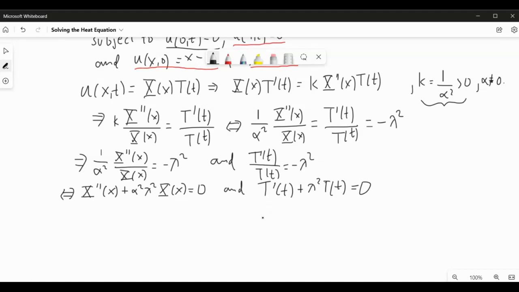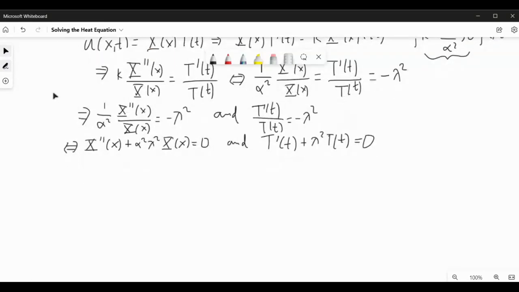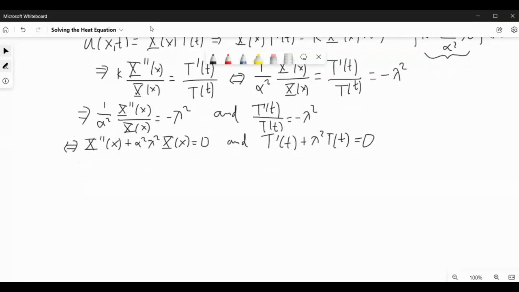Now, I will assume that the listener is already familiar with the kind of solutions that we will get for each of these differential equations. So the first one will give us a solution which is capital X of x equal to a cosine of alpha times lambda times x plus b times sine of alpha times lambda times x.